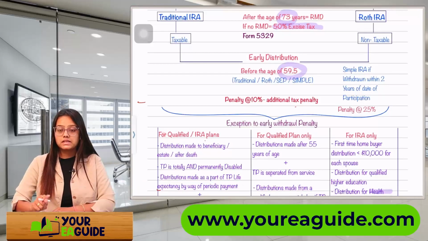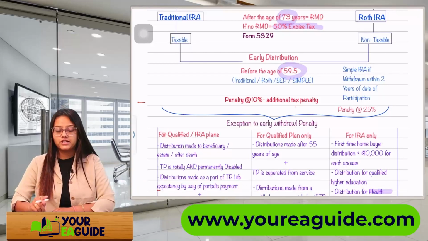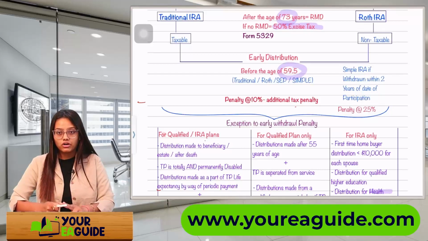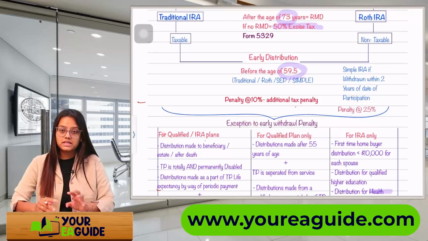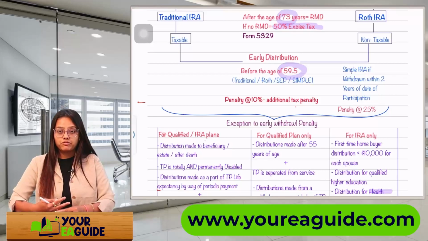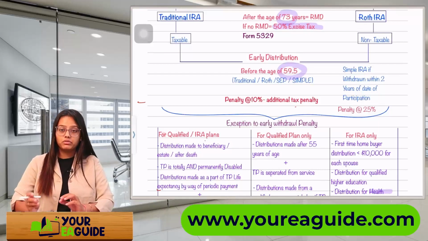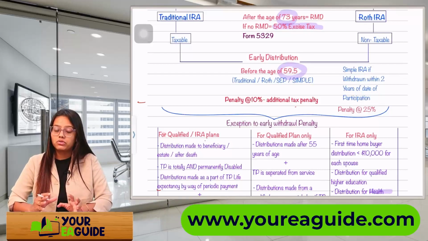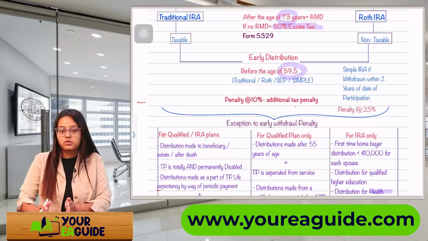This limit, 59.5 years of age, is applicable to all 4 types of accounts: traditional, Roth, SEP and SIMPLE. SEP is a self-employed pension plan. Being self-employed, you have taken a retirement plan for yourself and for your employees. SIMPLE is a savings incentive match plan, meaning the employer and employee fix a particular percentage of earnings and contribute that much into the IRA balance.